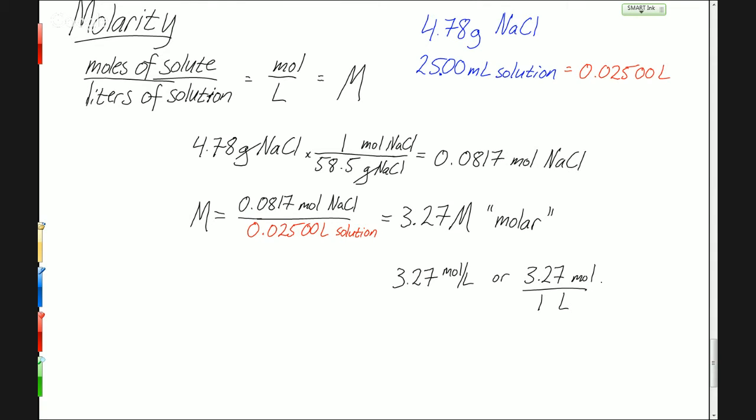Molarity is important for us for a couple reasons. One, in chemistry, when we're talking about things like calculating how much of something we need for a chemical reaction, we usually do that in moles because that relates to the chemical equation. The chemical equation tells us a ratio of counting things, and so we need moles to do that. So if we have a solution that's in like percent mass by volume, we'd have to do some math to figure out how many moles that is for how much solution we would need for a particular reaction.